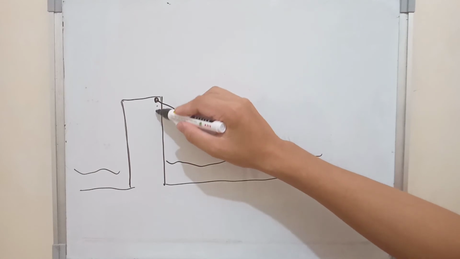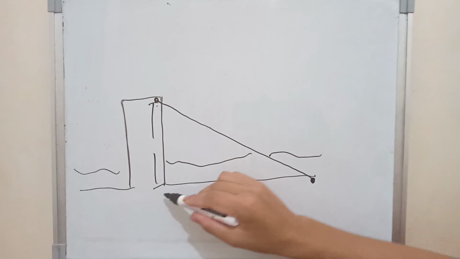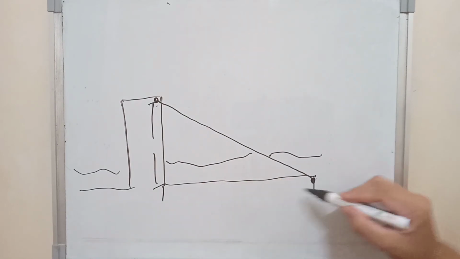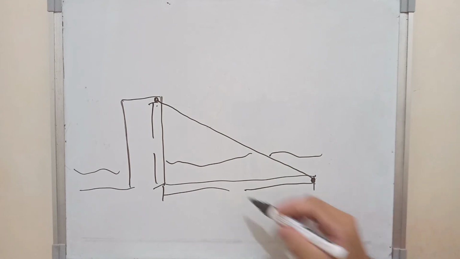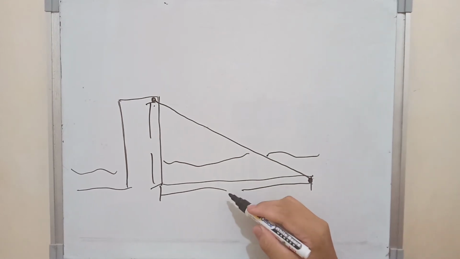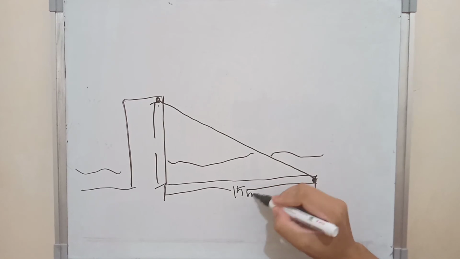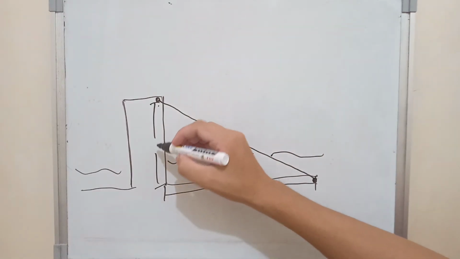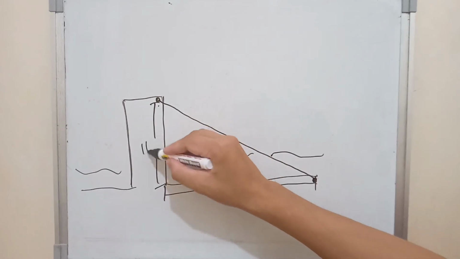Alamin lang natin ang sukat na ito at ito. Yan. So, halimbawa ito, ano siya? 15 meters. Ito naman is 10 meters.